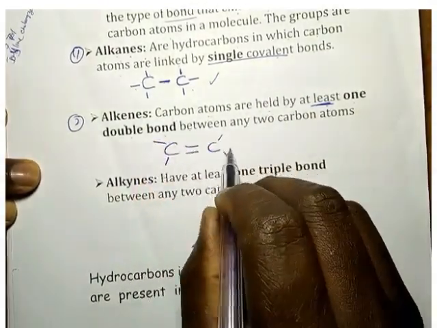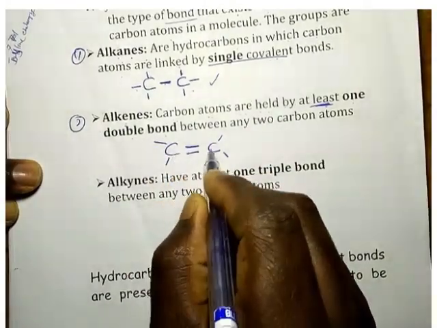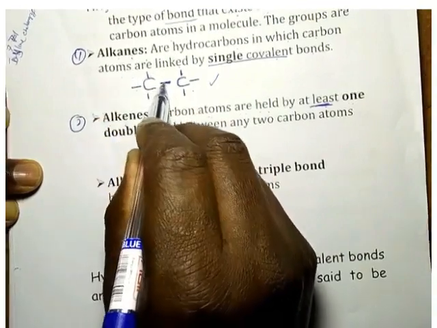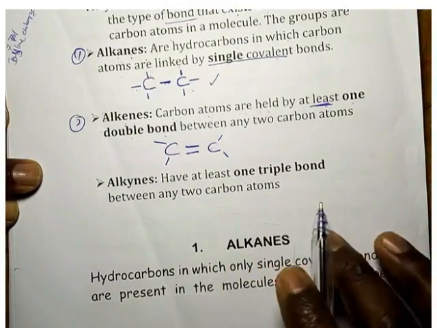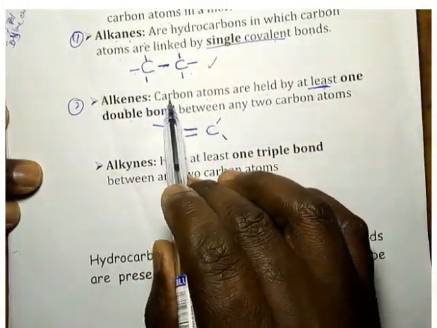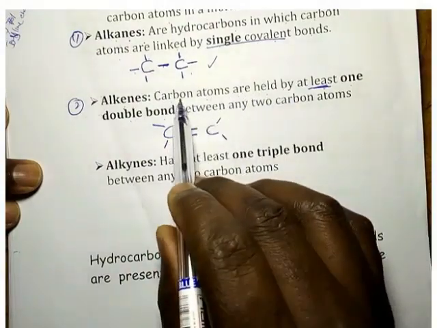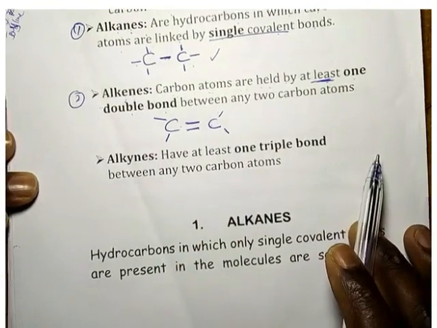So these are alkenes because of the double bond between carbon atoms. These are alkanes because between carbon atoms there is a single bond. So that is the difference between alkanes and alkenes. In alkenes, the bond between the carbon and carbon is a double bond.